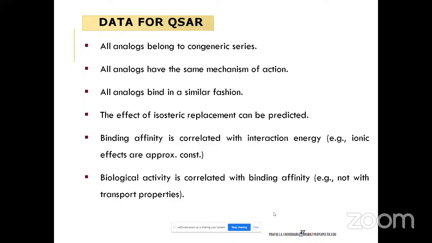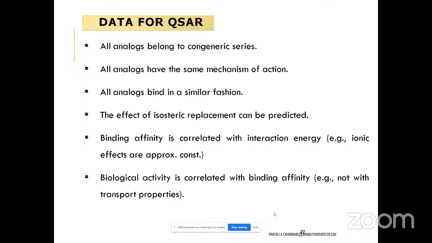So all analogs should have the same mechanism. Means what? If the biological activity is the same, but the mechanism of action is not the same, then we can't go for the same sort of molecules in a singular data set, which may lead to false types of QSAR model generation.